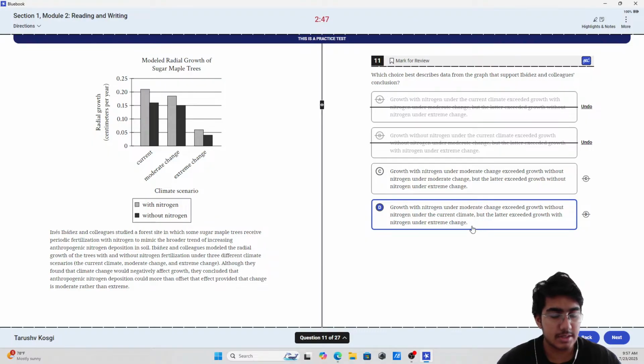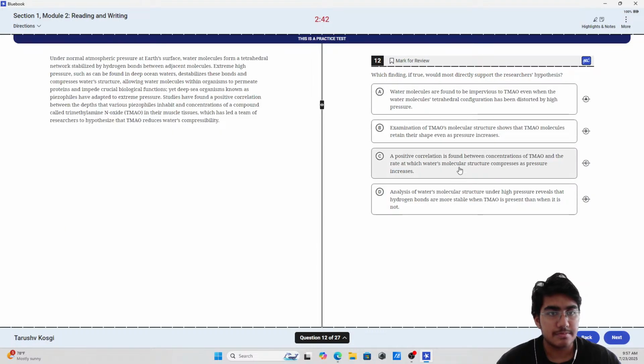So we have to relate it to the current climate as well, so I'm going to go with D here. Which finding, if true, would most directly support the researcher's hypothesis?